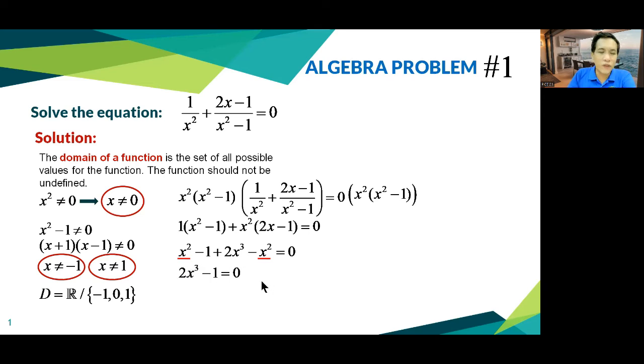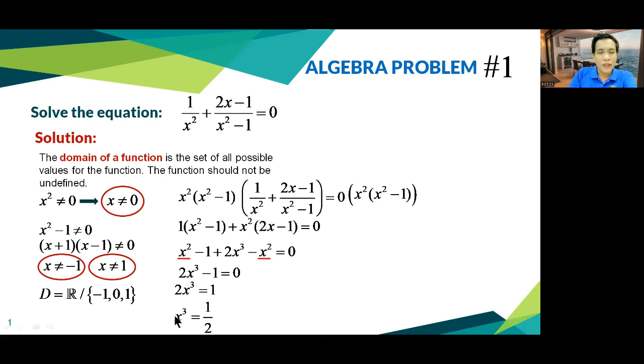Now we want to solve for the value of x, so we're going to add 1 to both sides of the equation. So we have 2x cubed is equal to 1. In this case, we will divide both sides of the equation by 2 or multiply by 1/2. So we have x cubed is equal to 1/2.